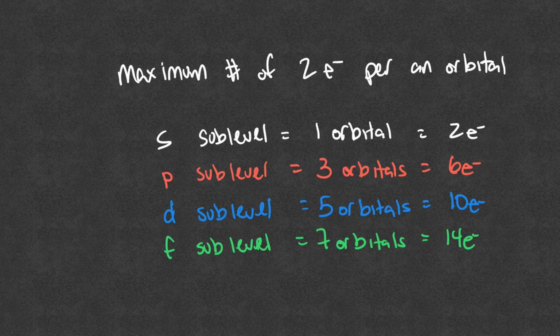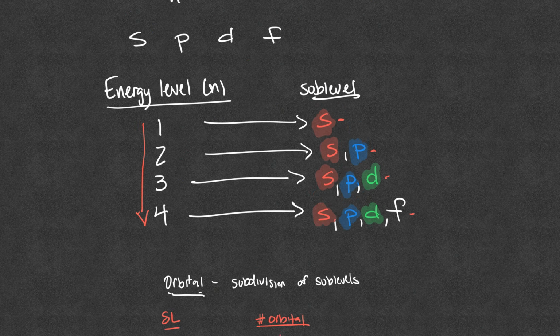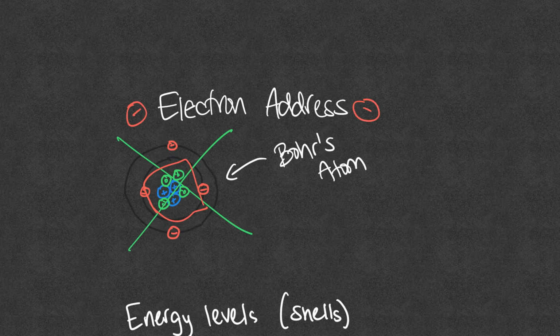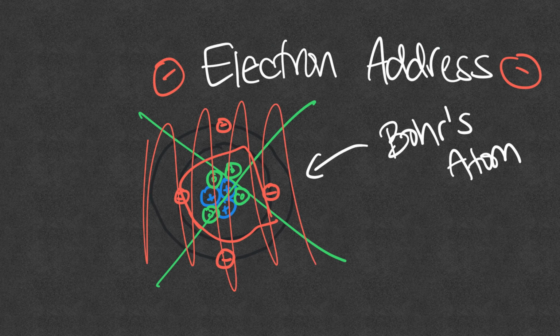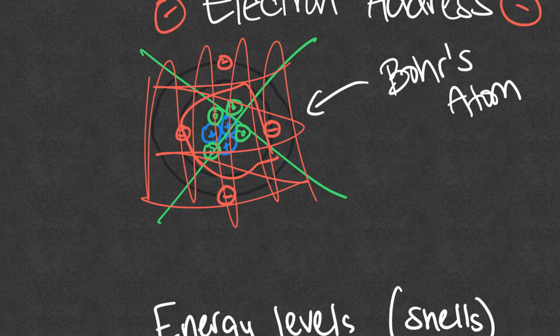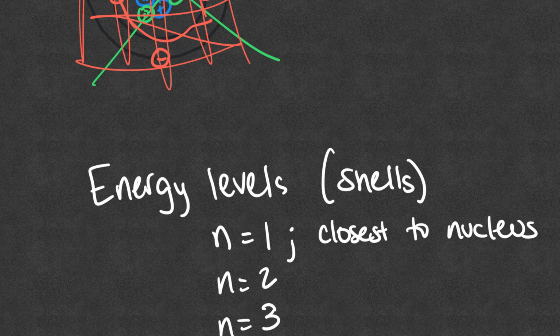Remember, this idea of the Bohr model of the atom we know is completely incorrect. Atoms do not look like this whatsoever. We know that electrons travel through what we call energy levels, and energy levels are basically just space around the atom.